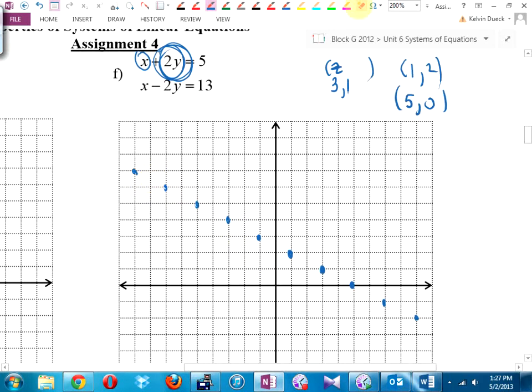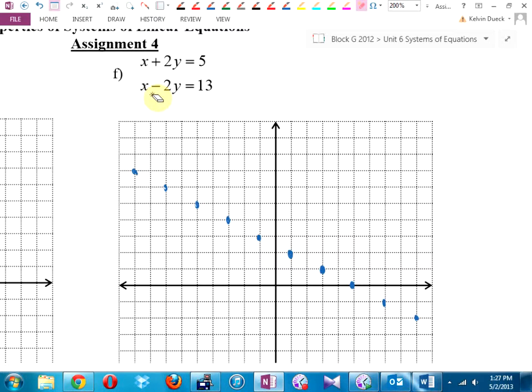And I have to do the same thing for the second graph. Can you read to me the second equation here? This one is tougher because it's a 13, it's bigger, and there's a negative. So I went, well, 9 plus 4 is 13.